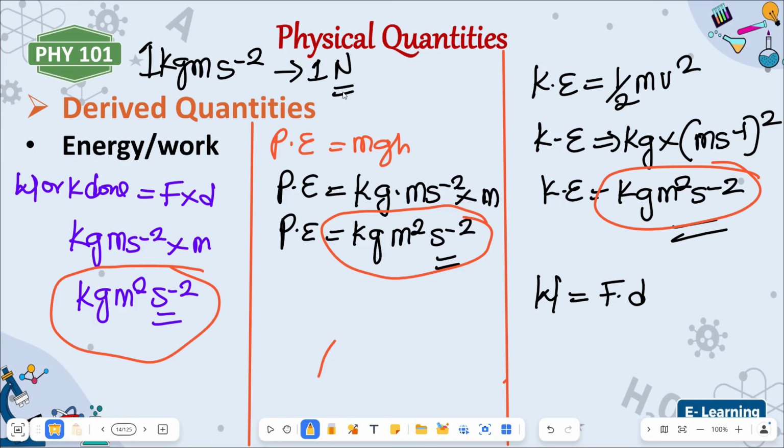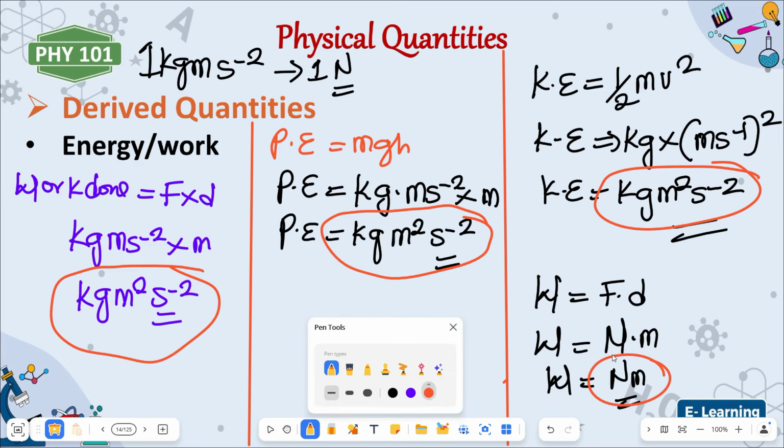Newton, the unit of force. So 1 kilogram meter per second square is equals to 1 Newton. So wherever you see force, you can also use Newton as a unit. So this gives us Newton. Distance is meter, which when you combine them together, they give you what? Newton meter. This is another way of representing our work done. Newton meter. Alright? Newton meter. Another way of representing work done.